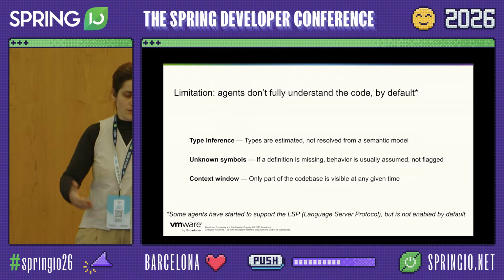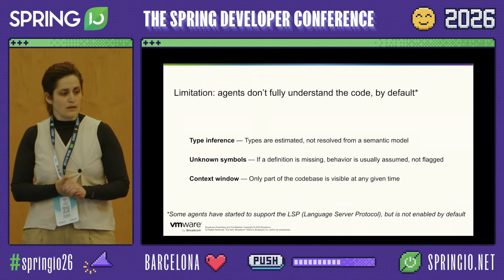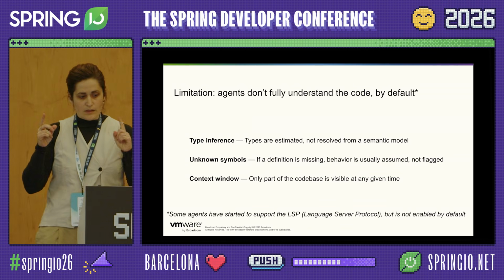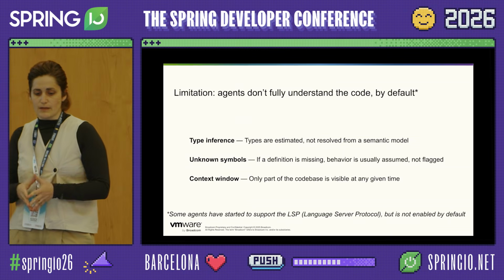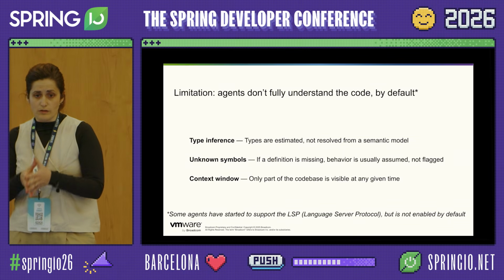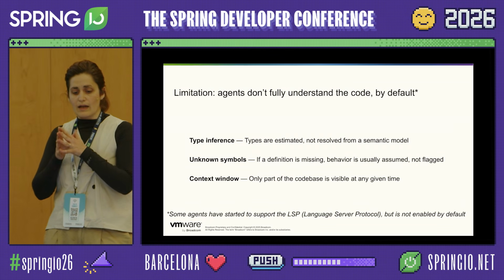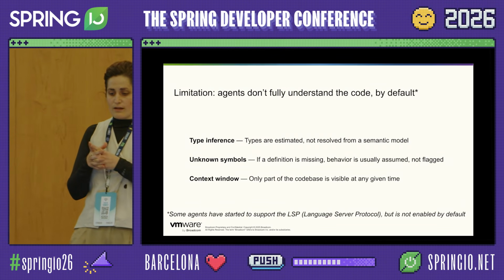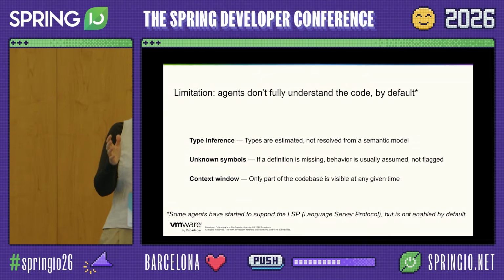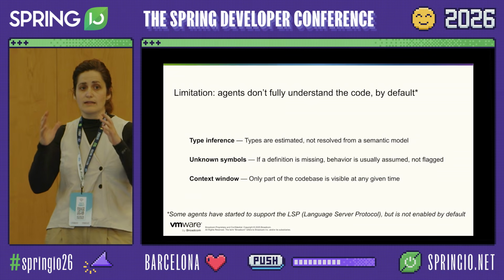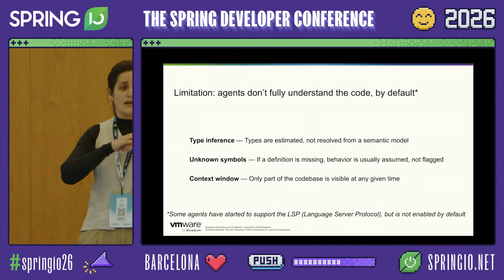So this is why every failure requires a new iteration. Coming back to the same part, types are not really resolved. They are just estimated based on pattern matching. And hence, when you are, for instance, in your application using libraries or components that are internal libraries that are not open source, they are not widely used, the agent might not know what they are doing.